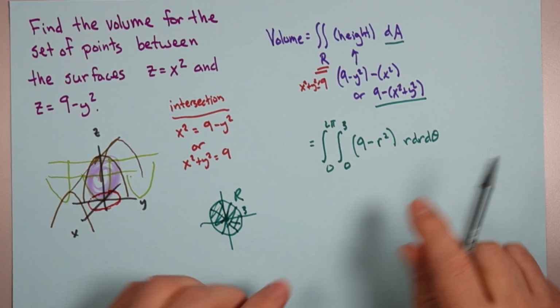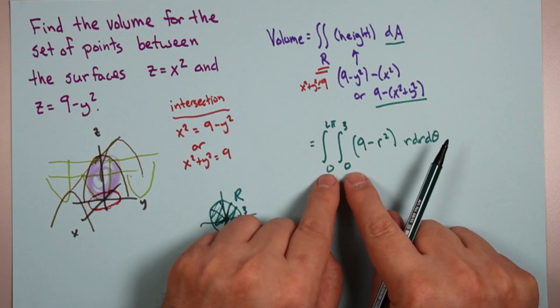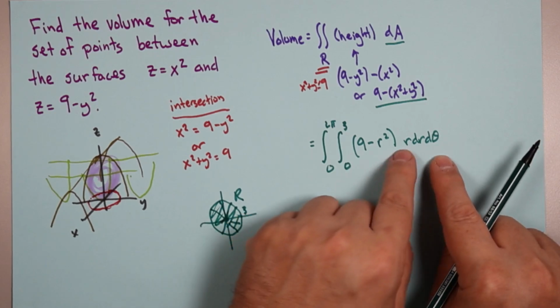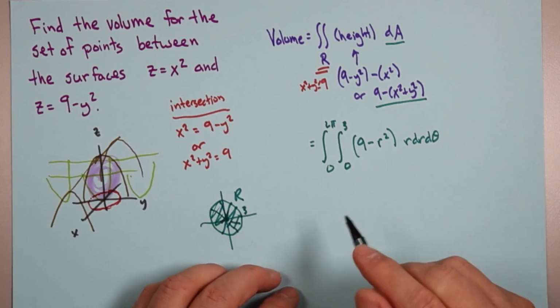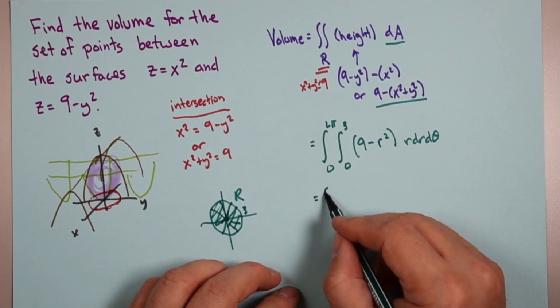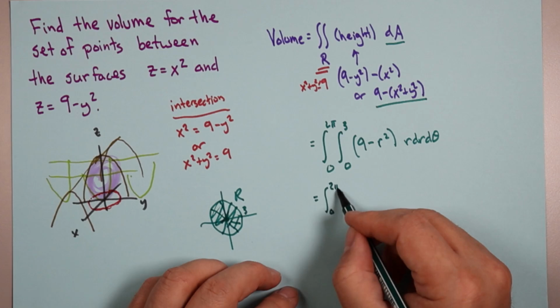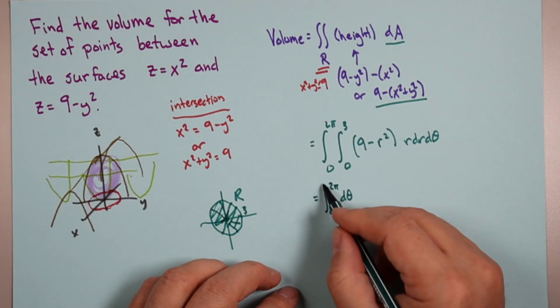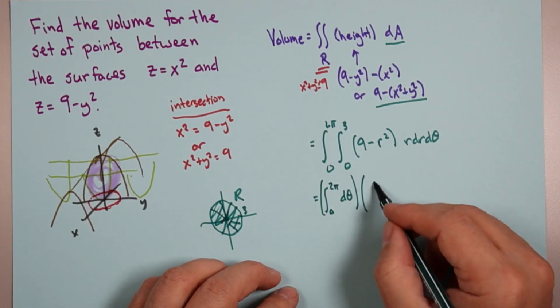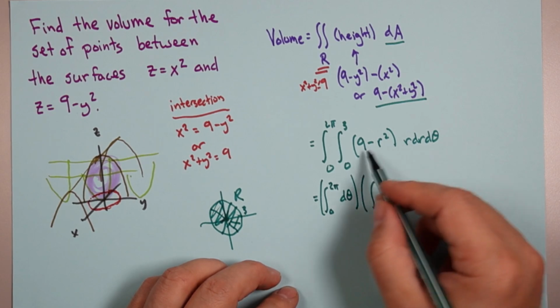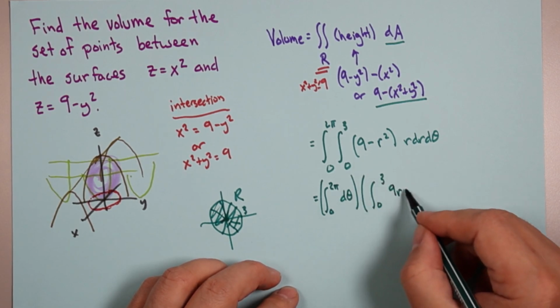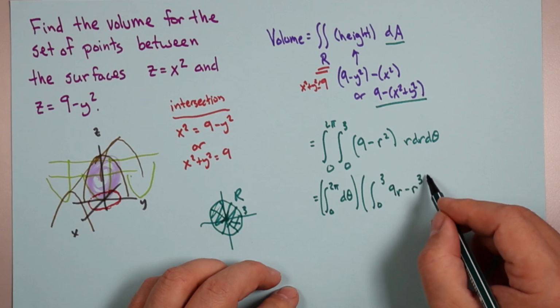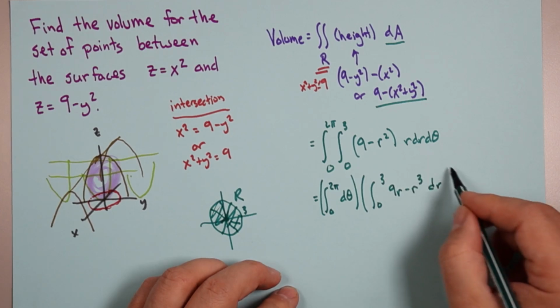Again, notice we have nice bounds, numbers, and a nice function, so we can do what we did in the last one and break it up into two pieces: 0 to 2 pi d theta, and 0 to 3, where we multiply the r through, 9r minus r cubed dr.